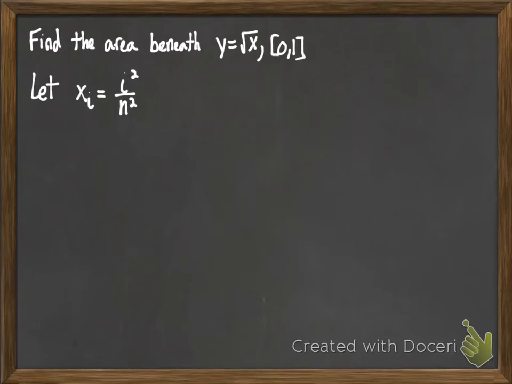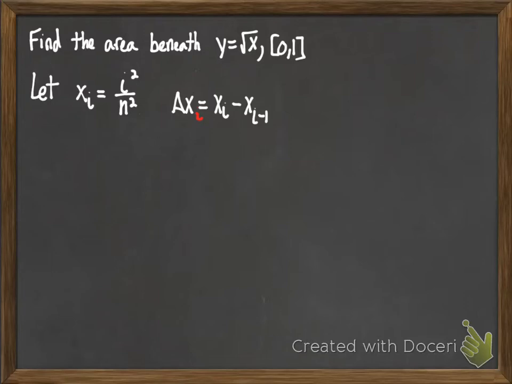Now, since we've started by defining xi first instead of delta x, we have to figure out delta x. Delta x is the size of each interval, except it's not delta x now, it's delta xi, because it's going to change from interval to interval.